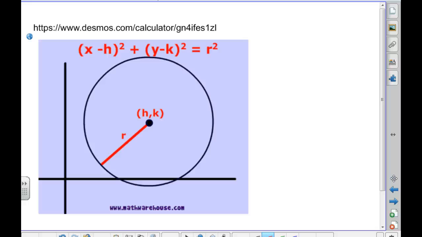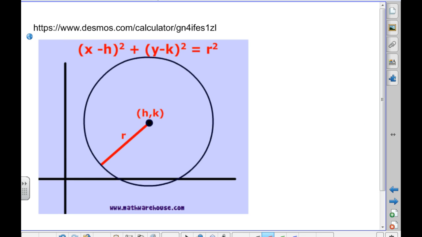Can you take it and get the y by itself? You can, but you're going to have a plus or minus square root of something. So you put the positive square root in y1 and the negative square root in y2 so that it graphs half the circle and then the other half. We'll do some when we do the conics unit.